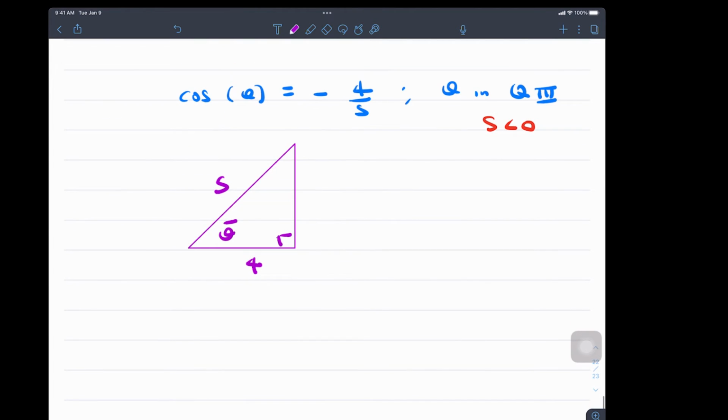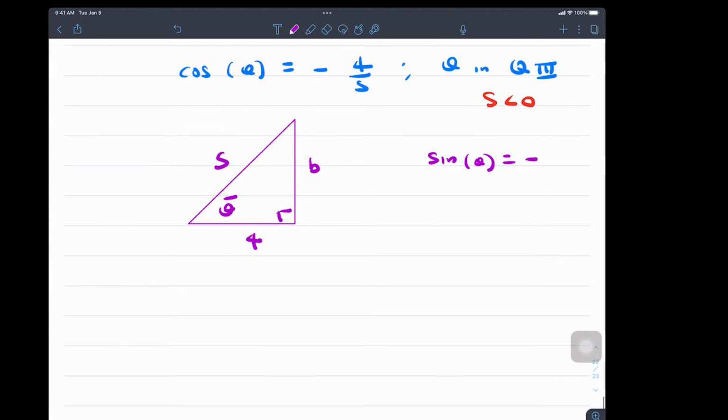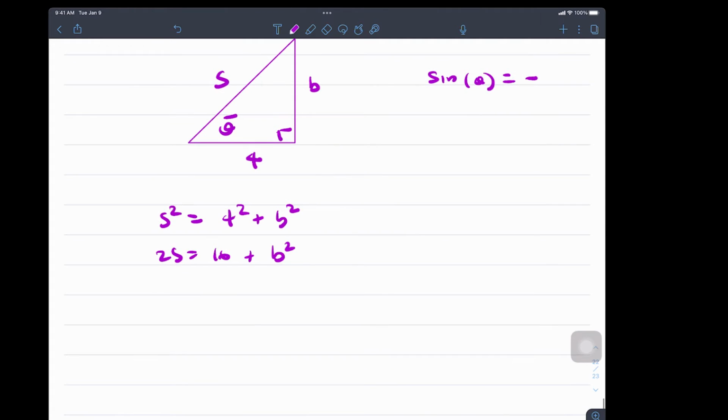How do I get the opposite side? Because I need sine of theta. I already know it's going to be negative. Anybody know how I get this? Call that B. Do I use Pythagorean theorem? Maybe. 5 squared is 4 squared plus B squared. 25 is 16 plus B squared.